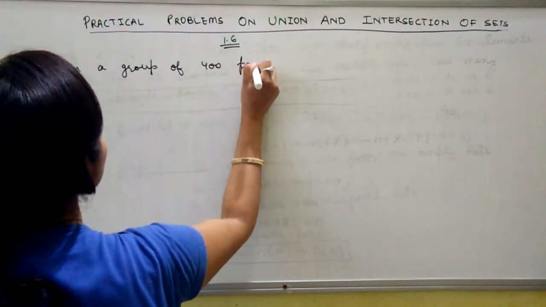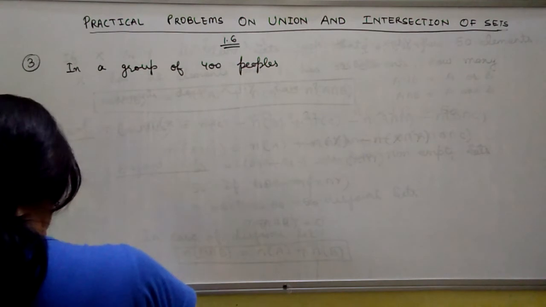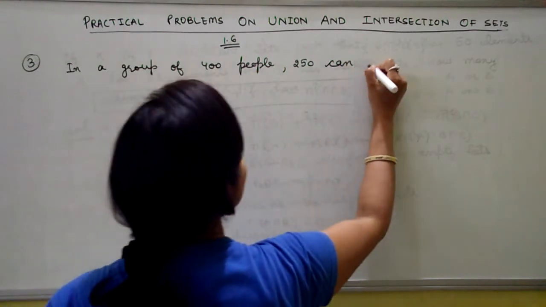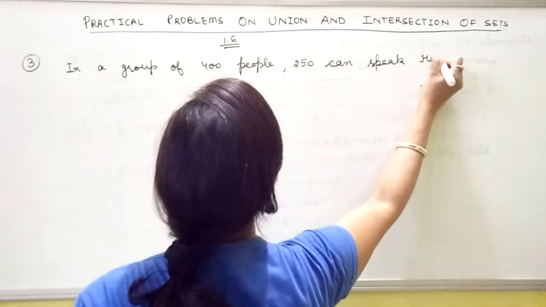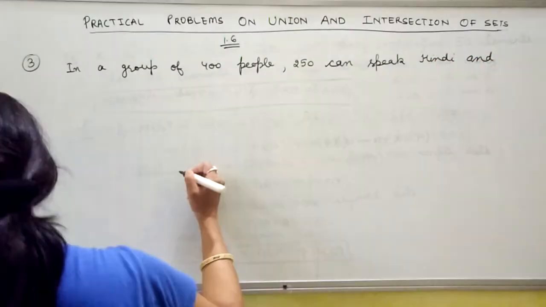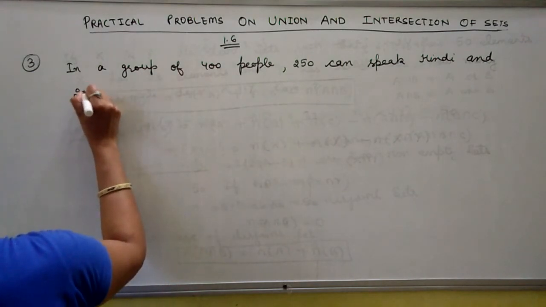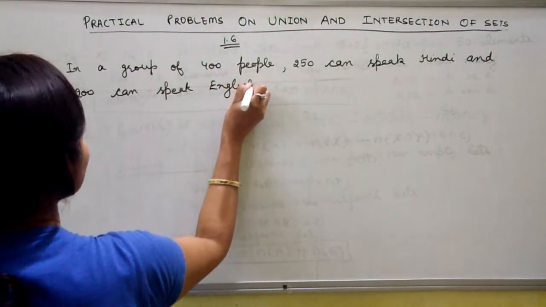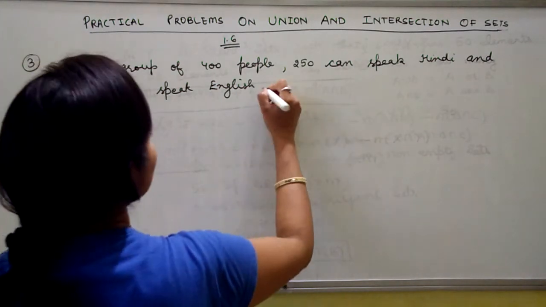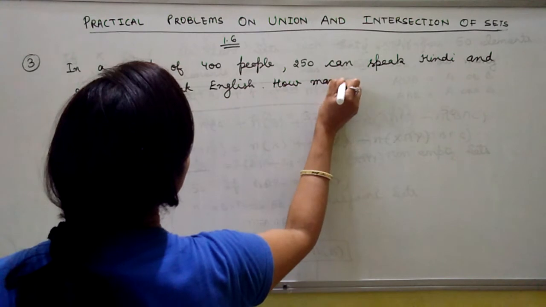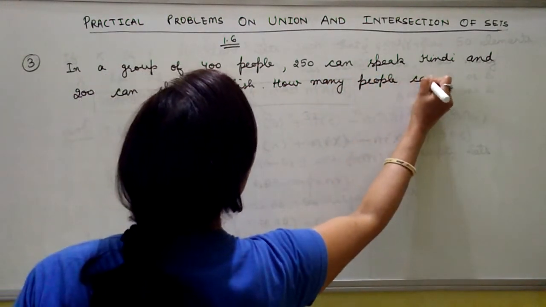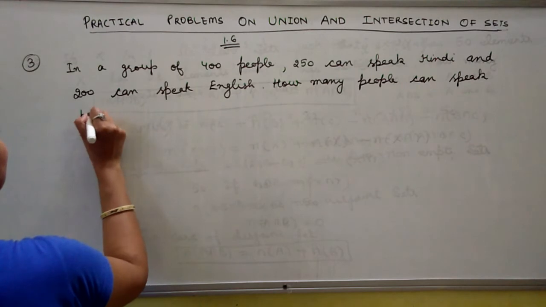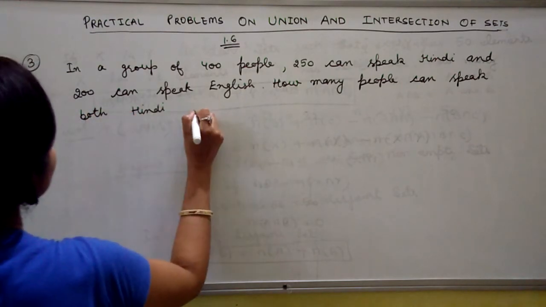In a group of 400 people, 250 can speak Hindi. How many people can speak both Hindi and English?